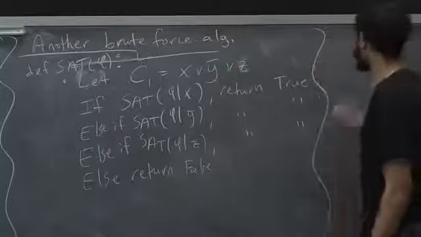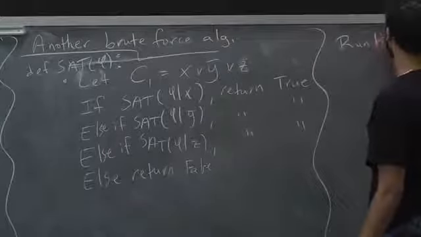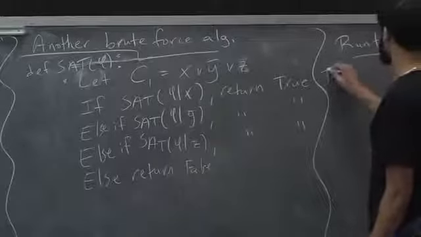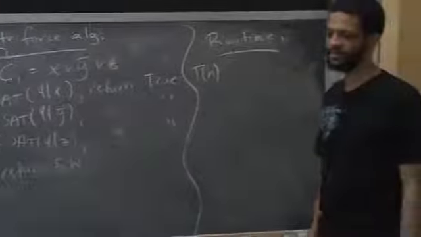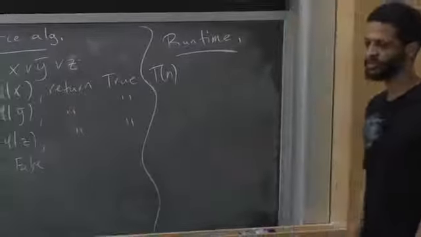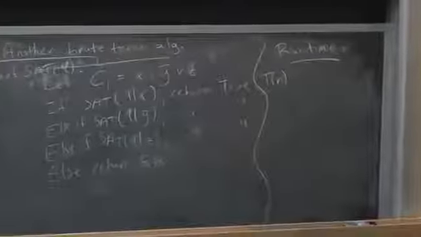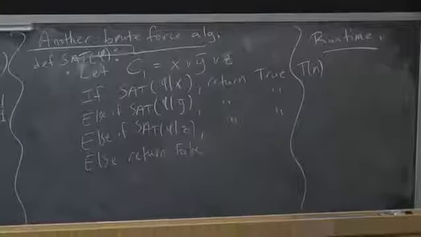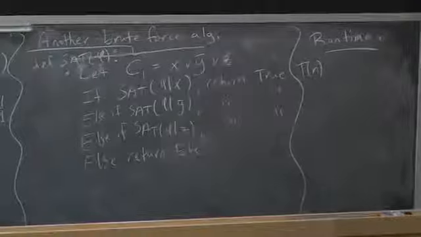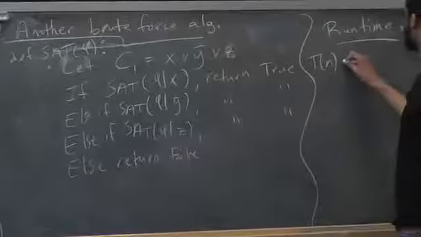So what's the running time? What's the recurrence for the running time? N is the number of variables. Yeah, 3.